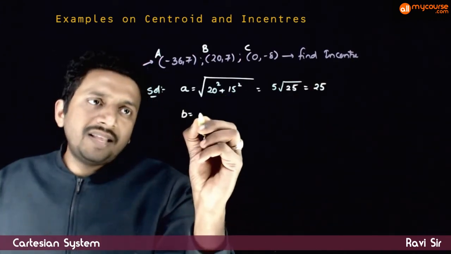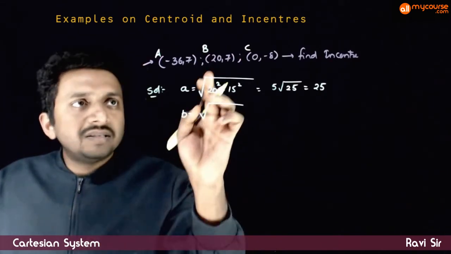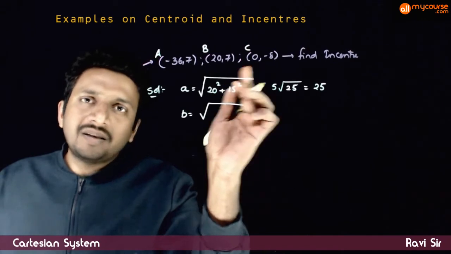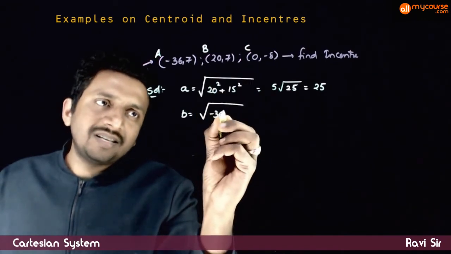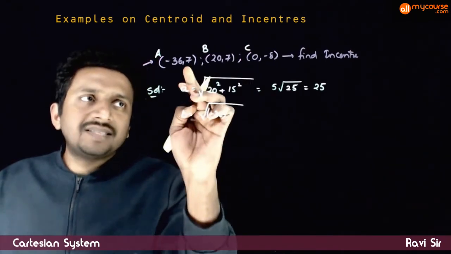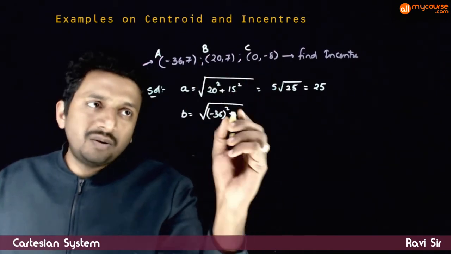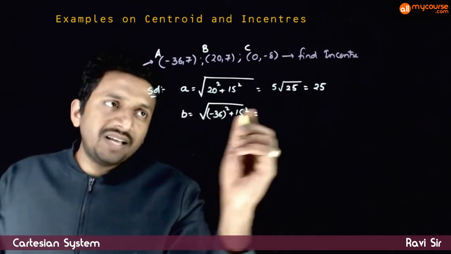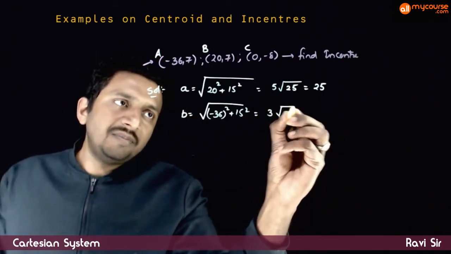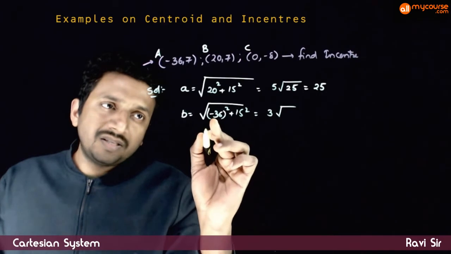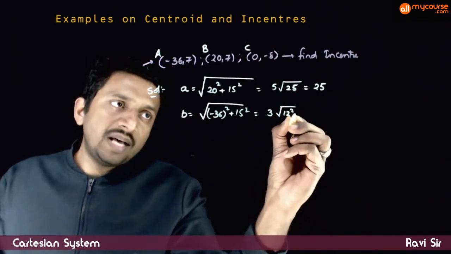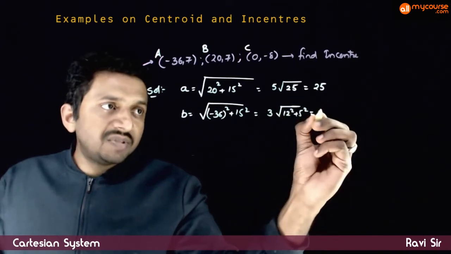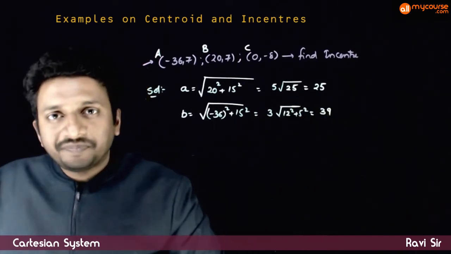The length of side b is the length of AC. So root of minus 36 minus 0, that is minus 36 whole square, plus 7 plus 8 whole square, 15 square. If you take 3 common, you get 3 times root of 12 square plus 5 square, which is 13. 13 times 3 is 39.